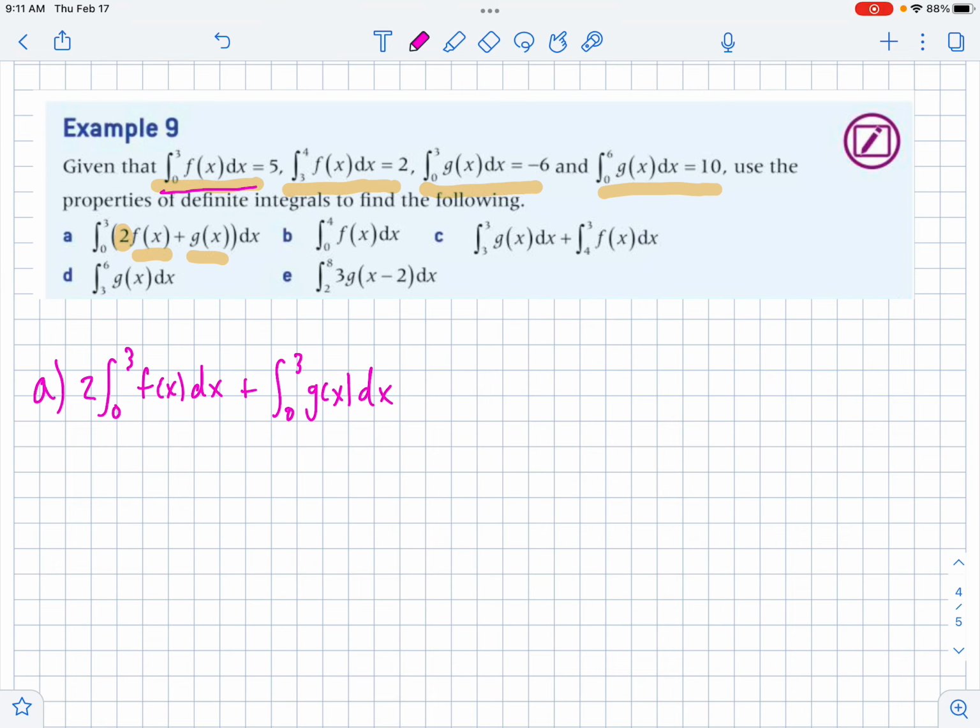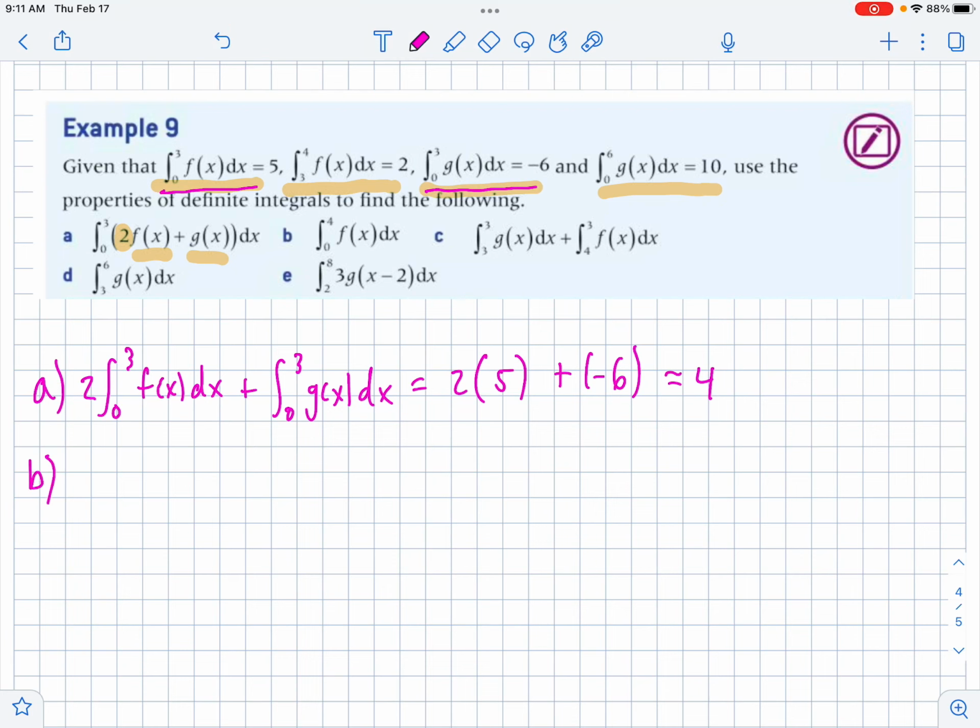Now, those pieces we already have up here, like 0 to 3 for f of x is 5, and then 0 to 3 for g of x is -6. So this can be rewritten as 2 times 5 plus -6, which is 4. So part A is 4.